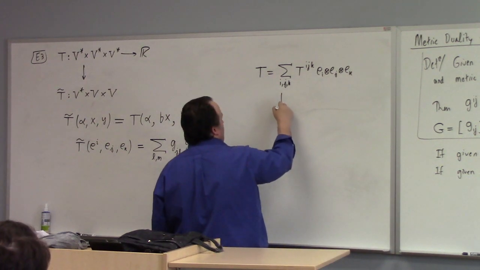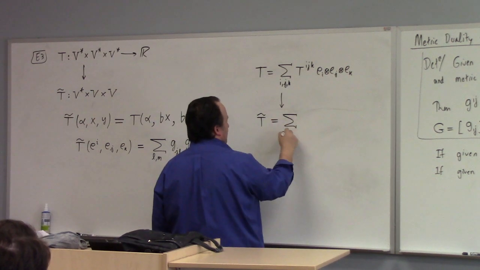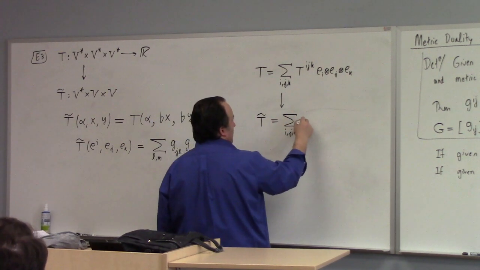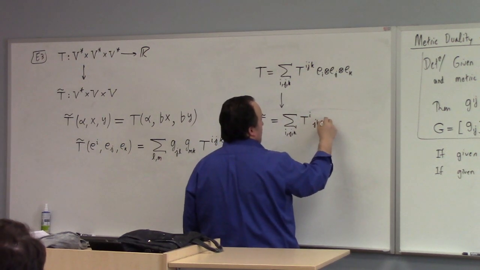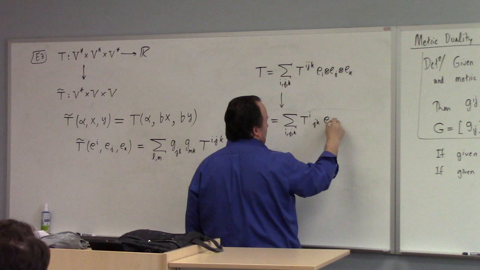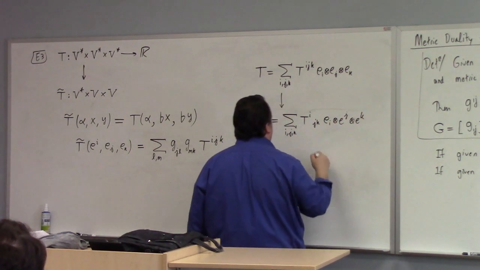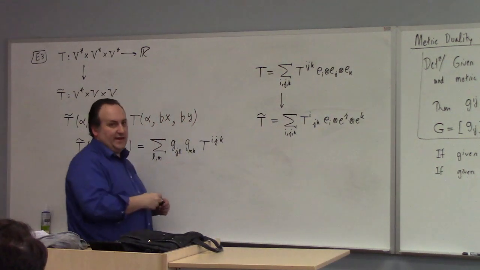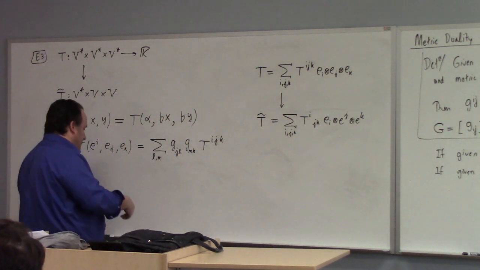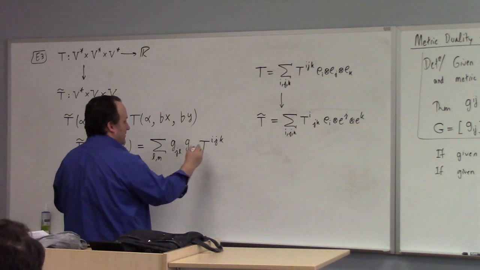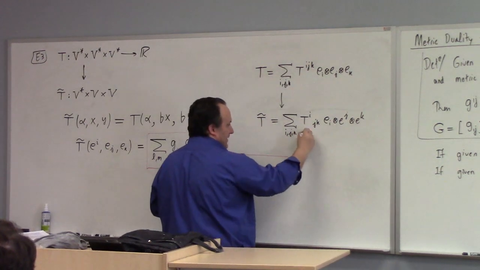And then T tilde is basically the sum over ijk of T upper I lower jk, E lower I tensor E upper j tensor E upper k. And the meaning of that modified, this business right here, is what I mean by that.